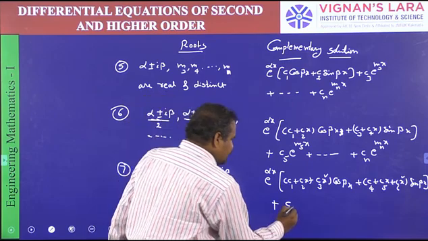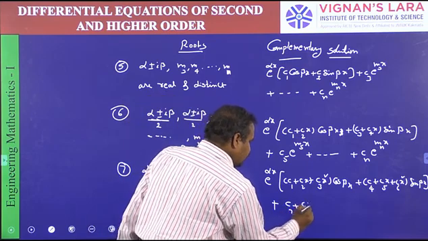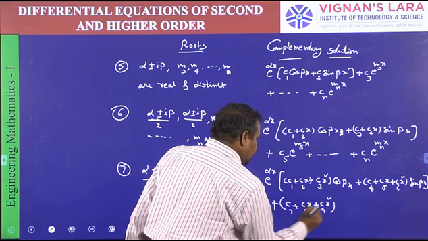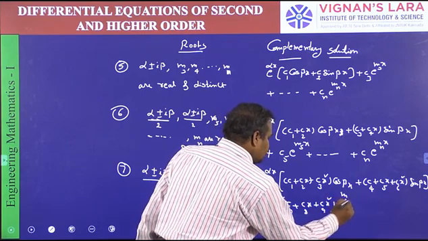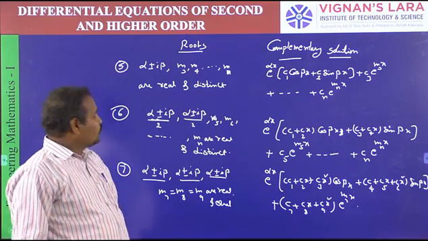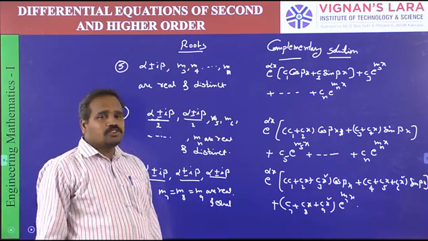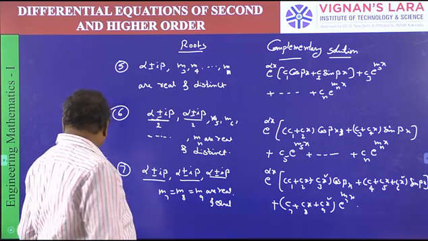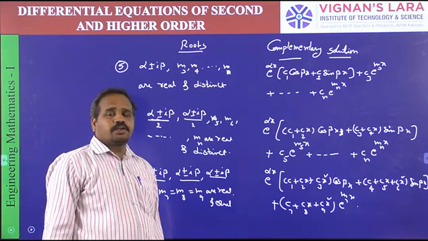Then this one, (c7 + c8x + c9x²) e^(m7x). Like this we have to write the complementary solution of the given differential equation. Okay, so with this I am completing. Thank you.